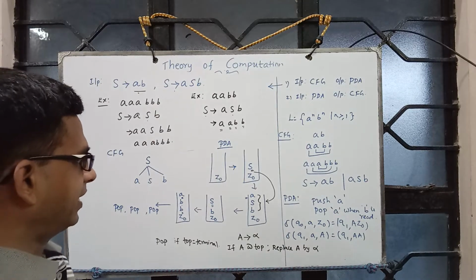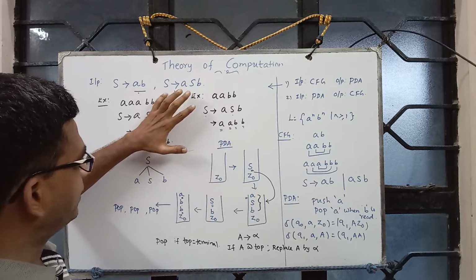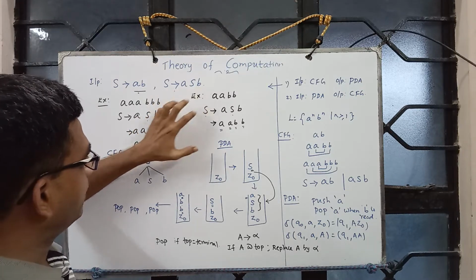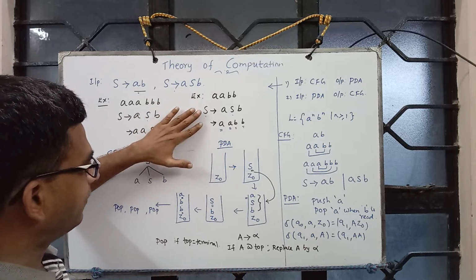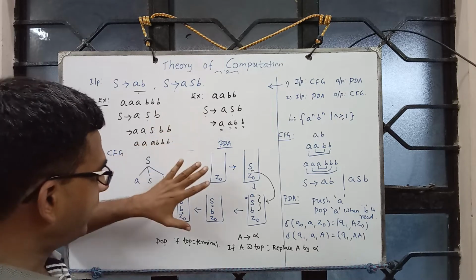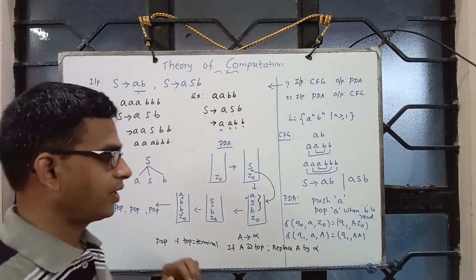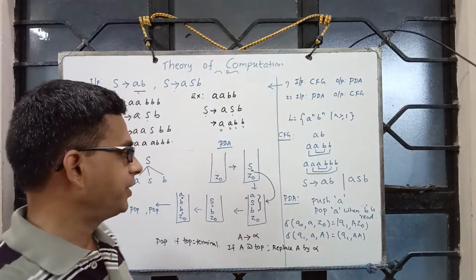So what is this telling us? For a given CFG and an arbitrary string, the parsing of this, meaning the leftmost derivation, is simulated by this equivalent PDA. When I say we construct an equivalent PDA, what are we actually doing?